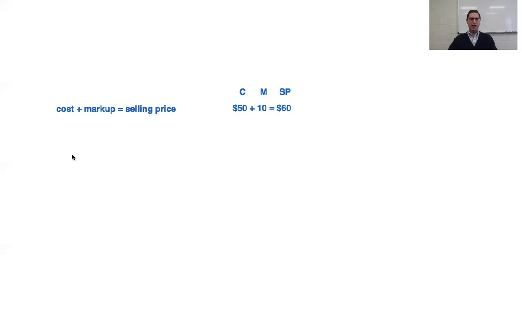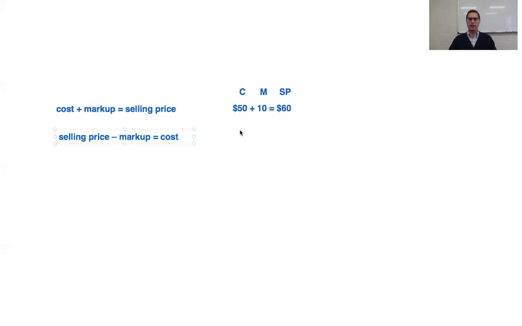So let's say that I know what the selling price is, and I know what the markup is. I can subtract the markup from the selling price to find the cost.